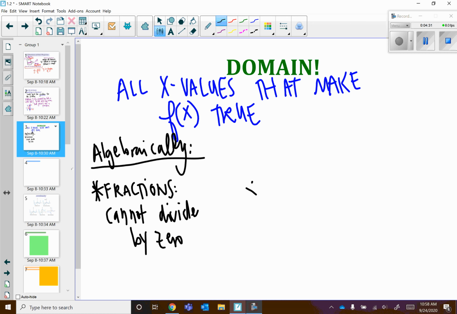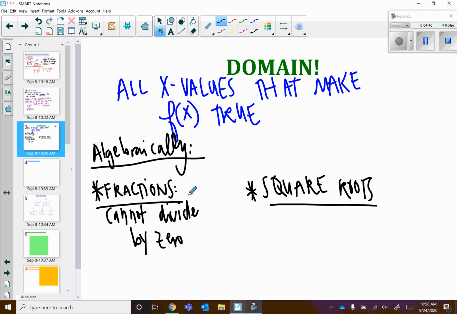And the other thing we have to look out for is square roots. While we can take the square root of 0, we cannot take the square root of a negative number.